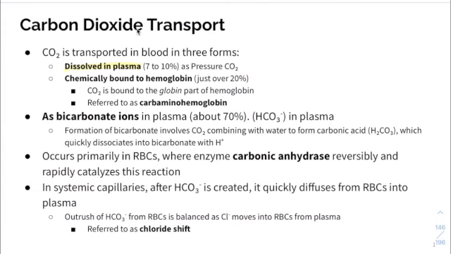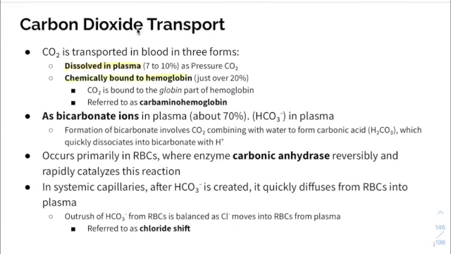That is what is referred to as carbaminohemoglobin, because hemoglobin is technically a chain of amino acids, and a chain of amino acids are proteins. So that's where the amino comes from, and it's hemoglobin.